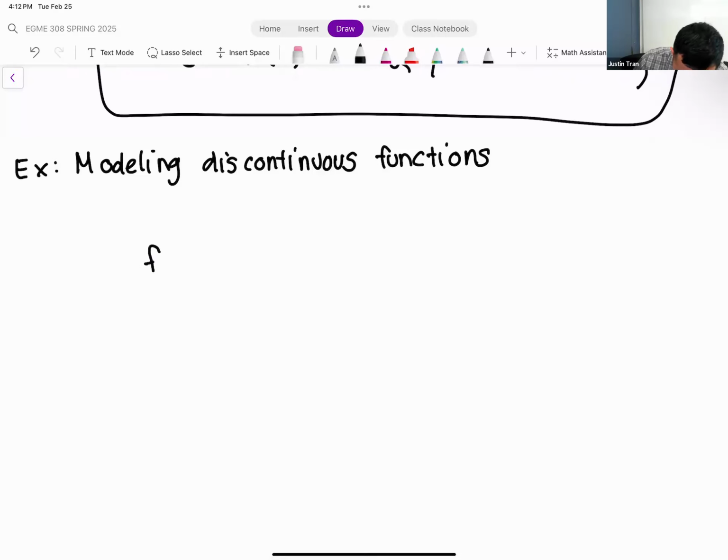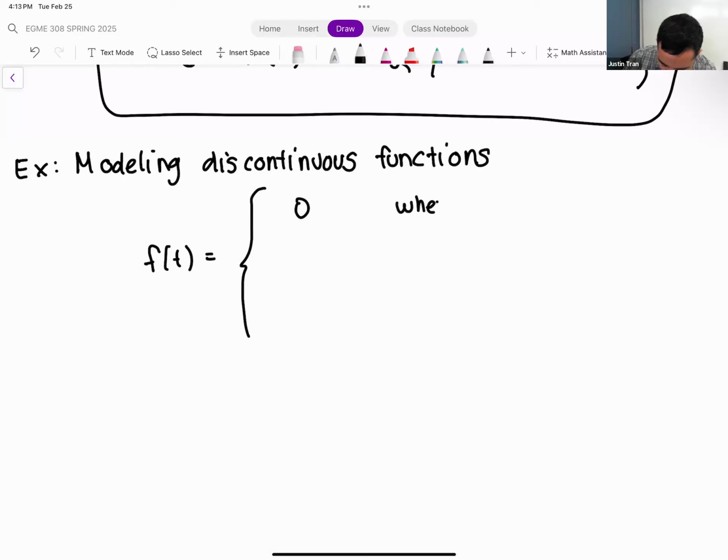Let's say we have f of t equal to the following. This is a common way to show discontinuous functions, where the function takes different values depending on the value of t, or depending on what time it is.